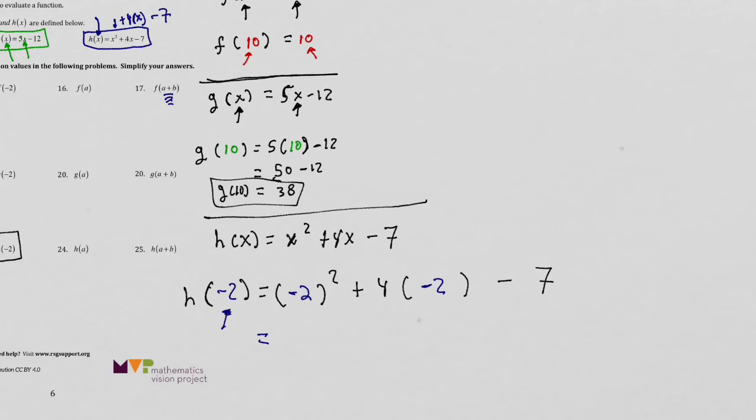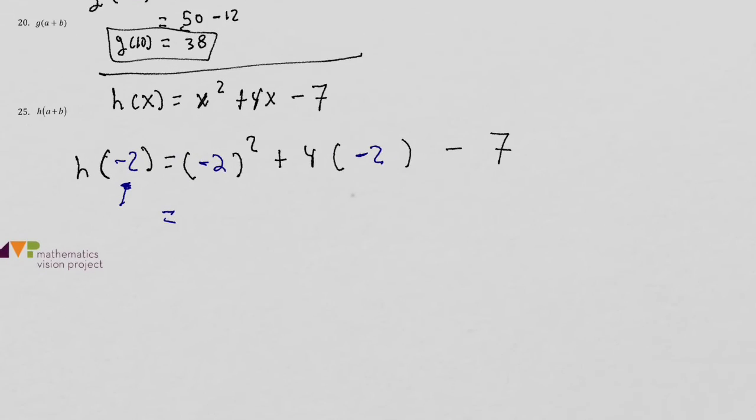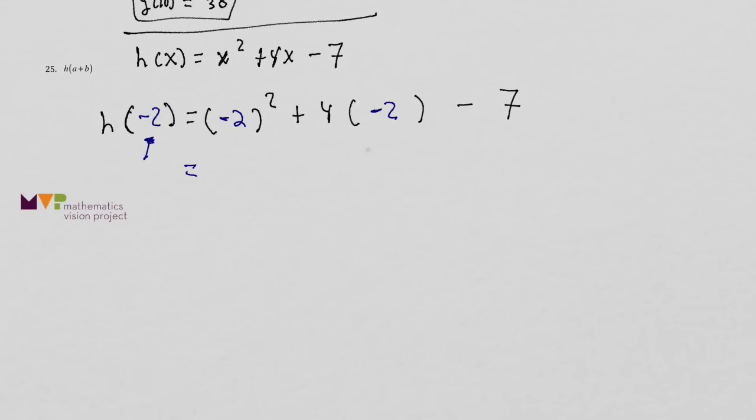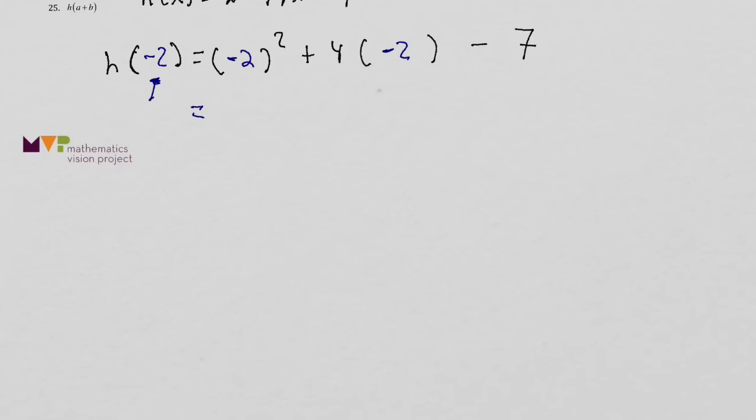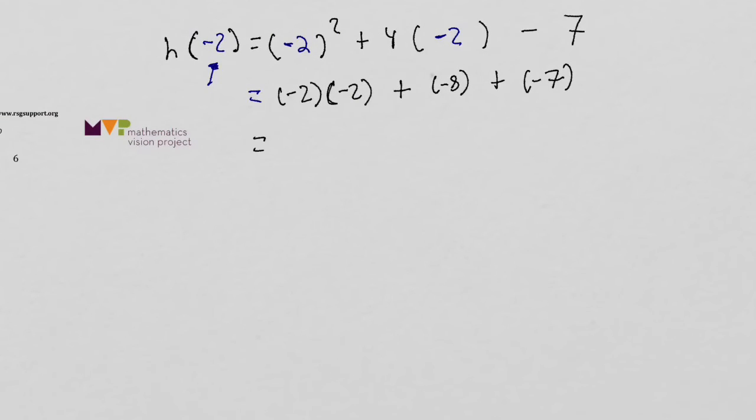And now the right hand side should be fairly easy considering the amount of work we've done involving quadratic equations. So here negative 2 to the second power can be rewritten as negative 2 times negative 2, plus 4 times negative 2 is a negative 8. And then we have subtracting 7, so we can think about us adding negative 7.